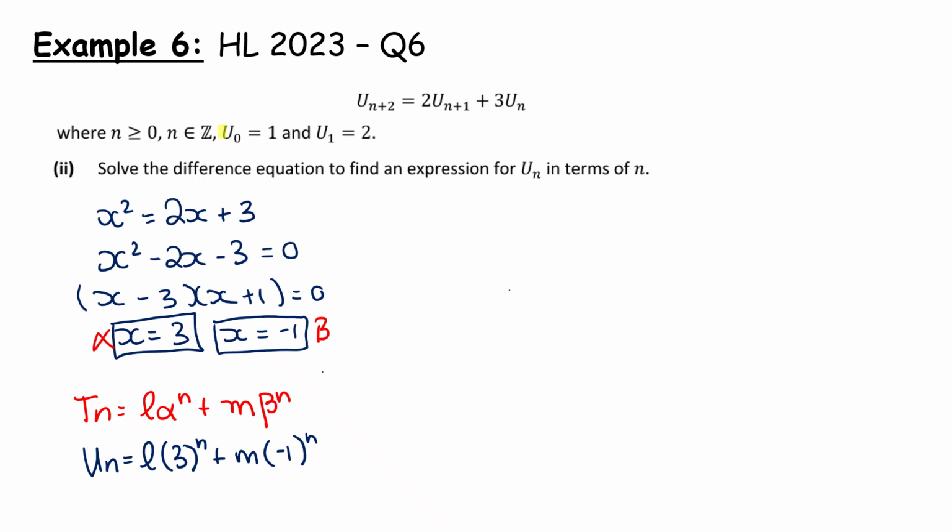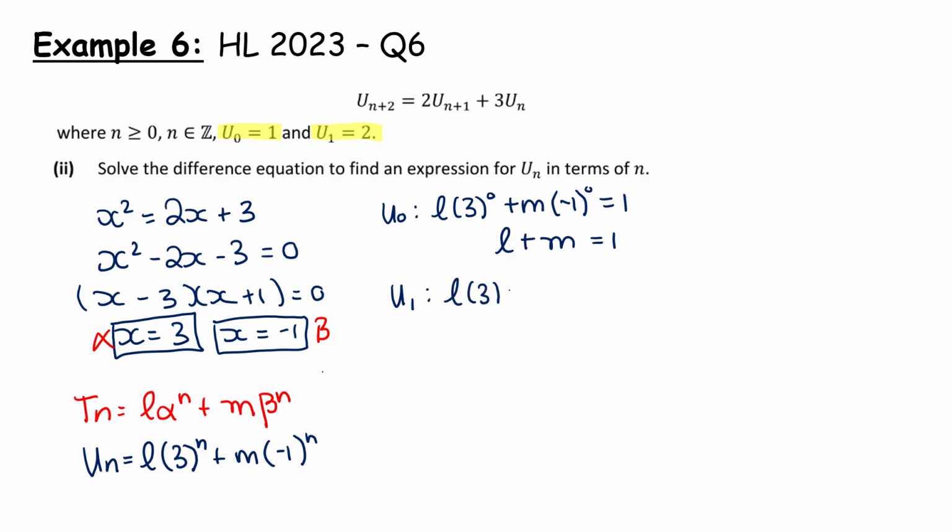We've been told in the question u0 is 1 and u1 is 2. So our first substitution is u0: L 3 to the power of 0 plus m (minus 1) to the power of 0, and that should give us 1. So that's L + m = 1. u1 is L 3 to the power of 1 plus m (minus 1) to the power of 1, and that should give us 2. So that's 3L minus m = 2.